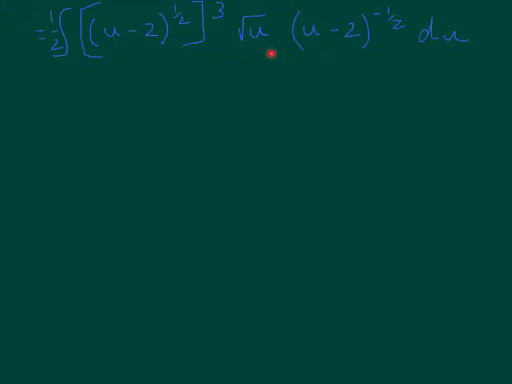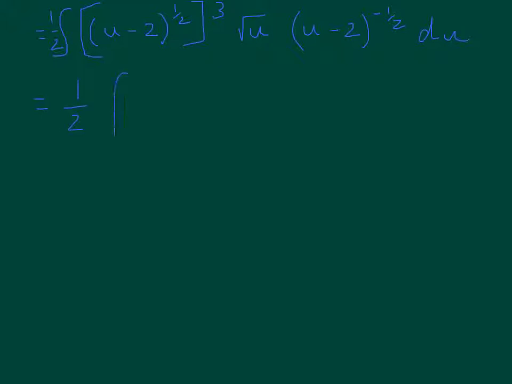The square root of U stayed as it was, although perhaps we should have rewritten that as U to the 1/2. We'll do that in the next step. And then U minus 2 to the negative 1/2. So let's continue cleaning up this algebra a little bit because it's rather messy looking.